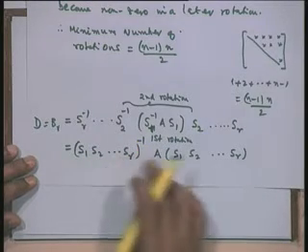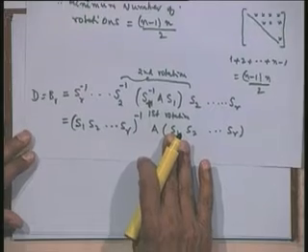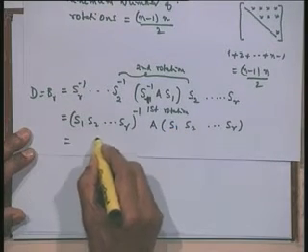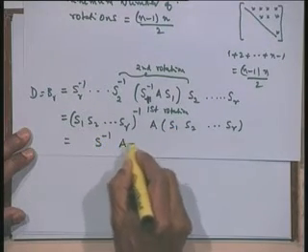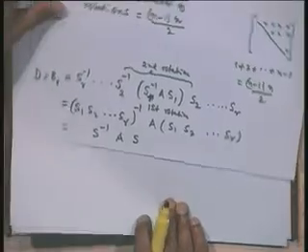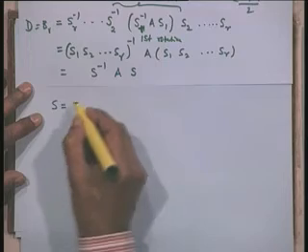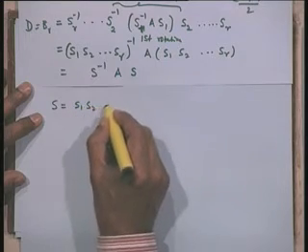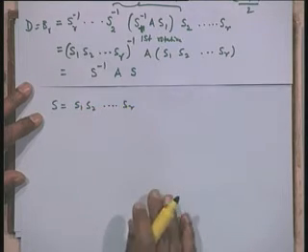The inverse of this is nothing but this inverse, and I will now call this S inverse A S, where S is equal to S1 S2 and so on up to SR.